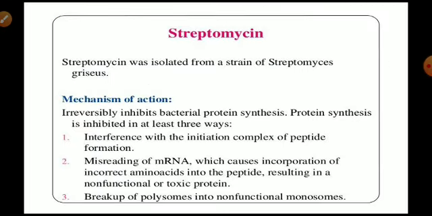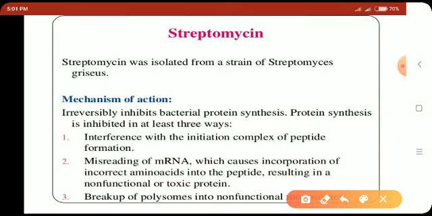And the last drug from first line antitubercular drugs, that is streptomycin. Mechanism of action of streptomycin is very simple. It inhibits bacterial protein synthesis in 3 ways.